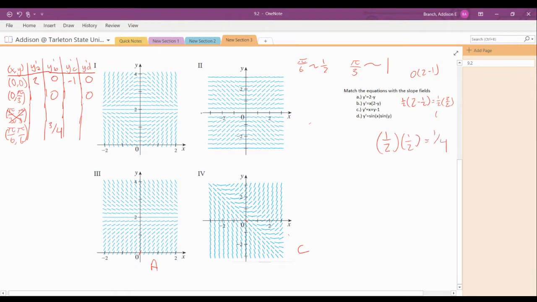So in this case, what we can do is try to look at these and see which one's going to be more shallow. If we go up here, we can see this is about 1/2, 1/2.